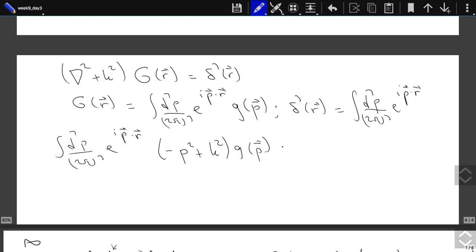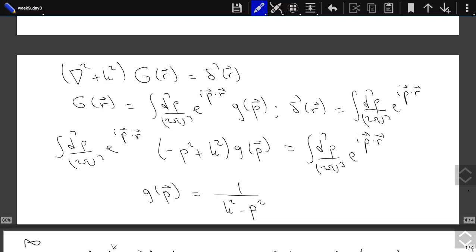This should be equal to d cube p over 2 pi cubed, e to the power i p dot r, and g of p is equal to 1 over k squared minus p squared. So this is our solution in Fourier space.